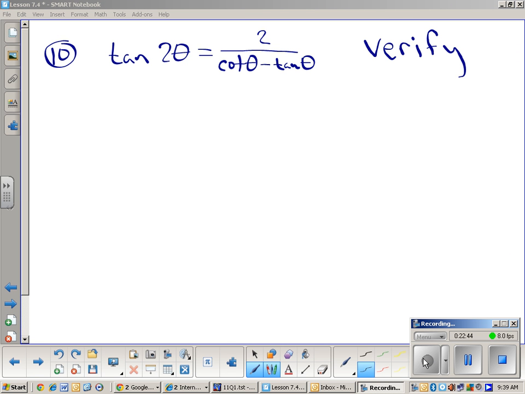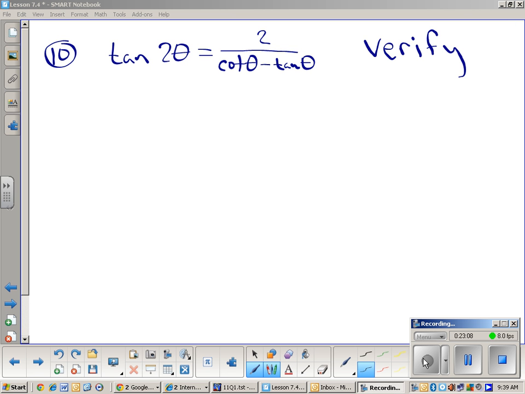So, we want to verify this. Looking at it, the left side certainly looks nice and tidy, and the right side looks more complicated. The reality is, for me, it's easier to work with the left side first. I might then manipulate the right side also, but I want to know what I am looking at on the left side. Okay?